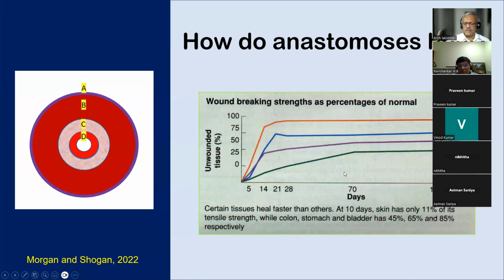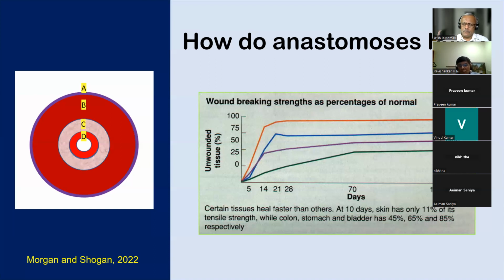That at 10 days, the colon, for example, has 45% tensile strength. The chance of leak compared to the bladder will be more in the colon. Probably, but what is more important as a surgeon? What decision that you make is impacted by this knowledge? Why do you need to know this? So, chances will be much more.